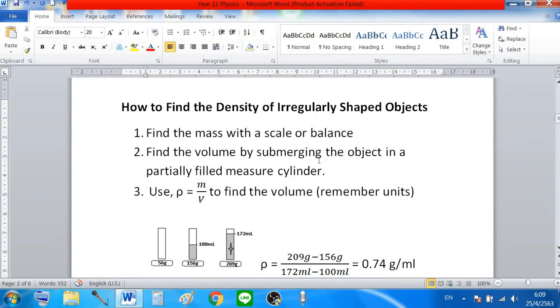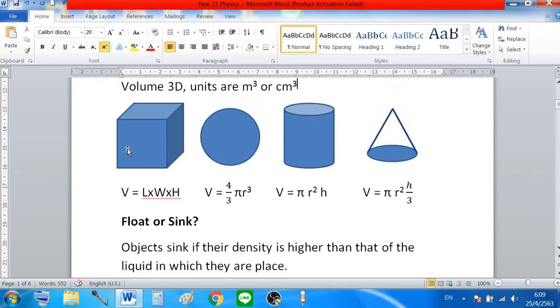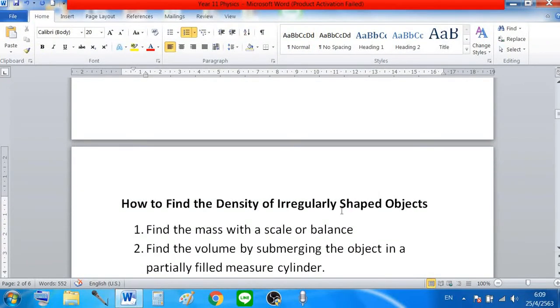How to find the density of irregularly shaped objects. Up here we have regularly shaped objects, and with our ruler we can measure the sides of the container and use these equations. But what if we have something that is irregularly shaped, like a rock or something that would be difficult to measure?